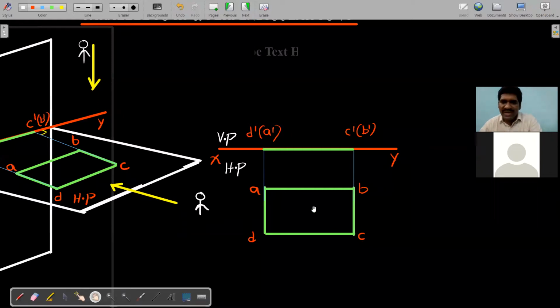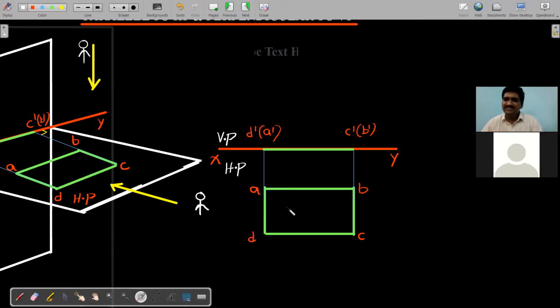We are drawing the rectangle in such a way that the longest sides are parallel to the XY line or not? Important points I'm saying, very important points, repeating all of you. Longer sides are parallel to XY means what? Longer sides are parallel to both HP and VP.